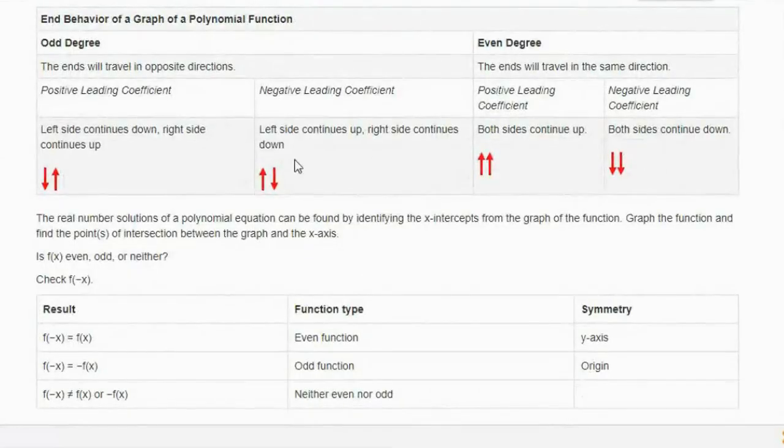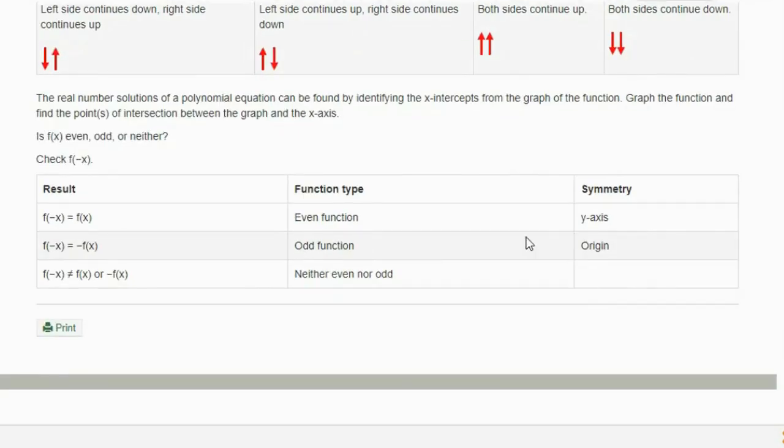And there's the little chart we made with the leading coefficients, positive or negative, even degree, odd degree. And then here's how to check if it is even, odd, or neither. Algebraically or looking at the graph. Y-axis symmetry, origin symmetry, or could be neither. So there's a nice lesson summary.